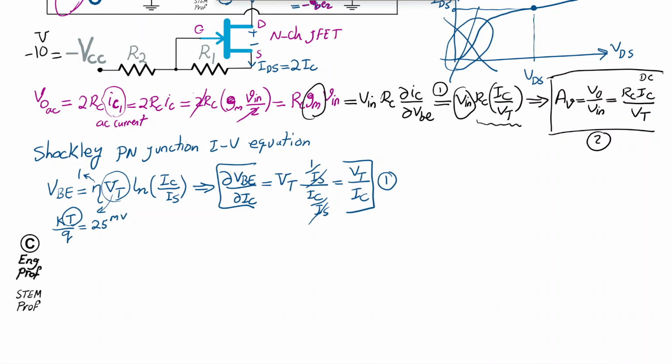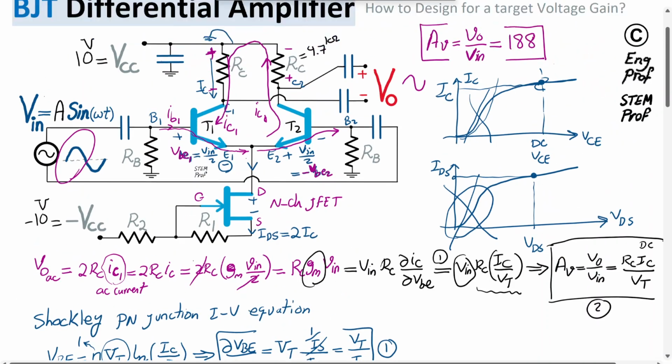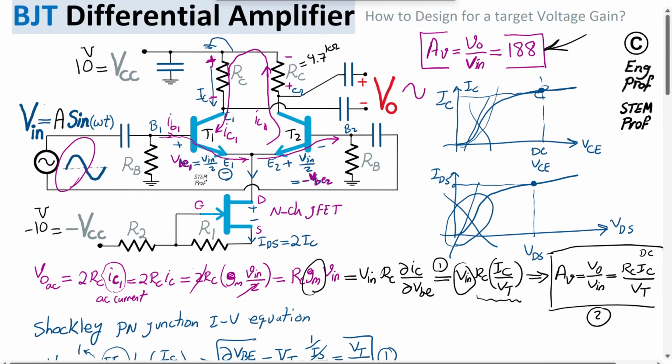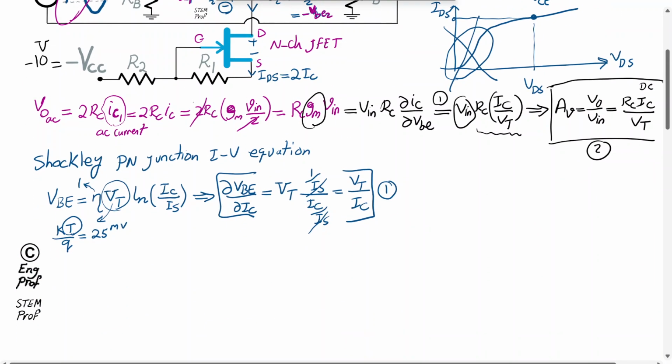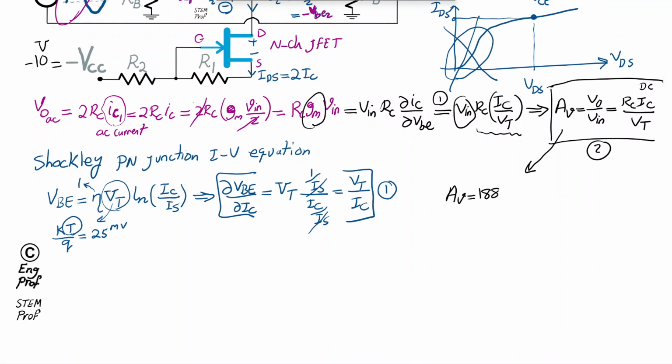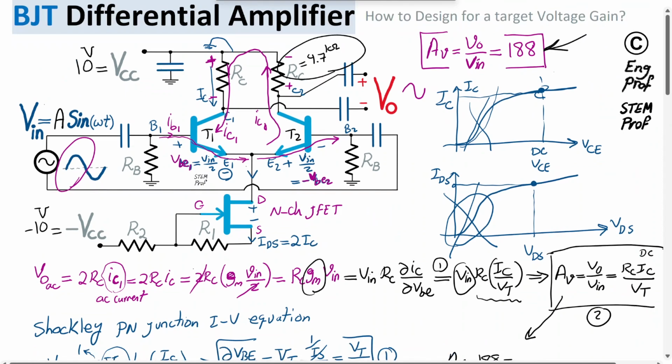That's very useful. Now what I can do is go back to the desired value of 188 and apply it to equation 2. So I'm going to use equation 2 and say I want Av to be 188. I know Rc as given to us is 4.7 kilo ohm.